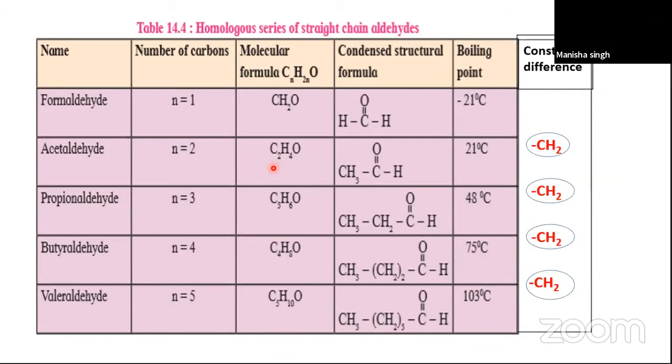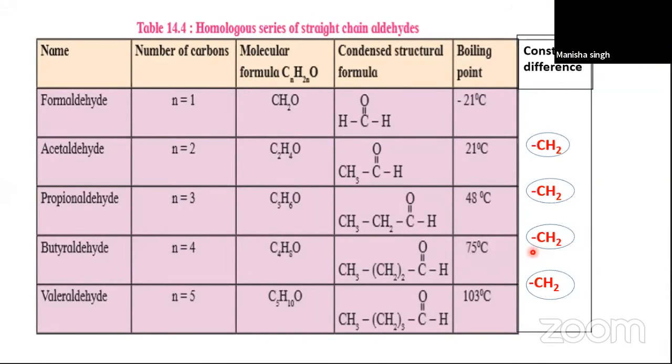So we can see that difference of CH2 is there between 2 consecutive aldehydes. When we compare acetaldehyde and propionaldehyde, again the difference is what? 1 carbon and 2 hydrogen. So difference is again CH2. When we see the difference between propionaldehyde and butyraldehyde, again the difference is 1 carbon and 2 hydrogen.